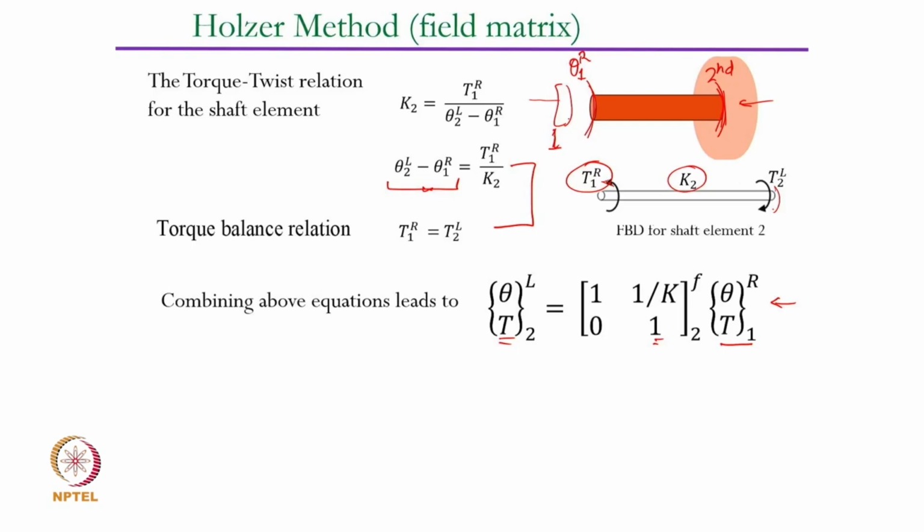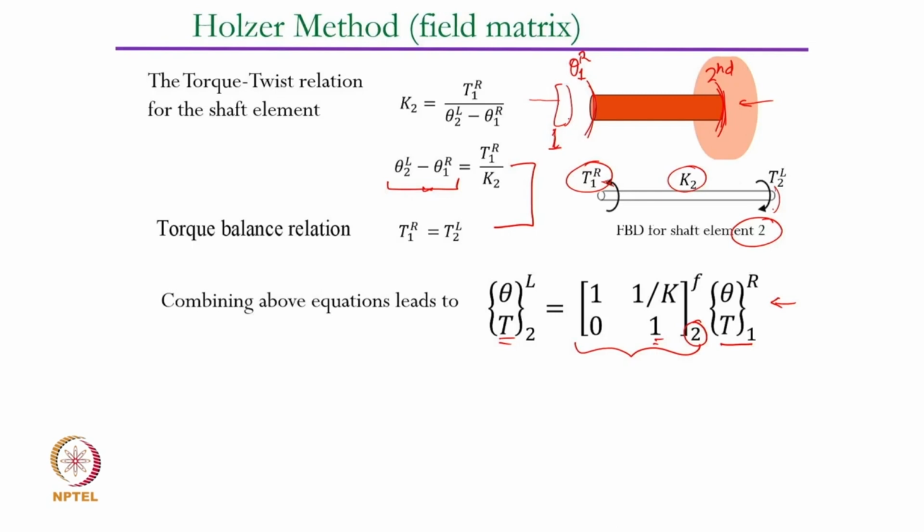Now this matrix, this number 2 represents the second element. So element number 2, that's what we are assuming, let this be the second part of the total assemblage. Now this particular matrix, in contrast to the previous matrix that we derived for a point inertia, is called a field matrix.